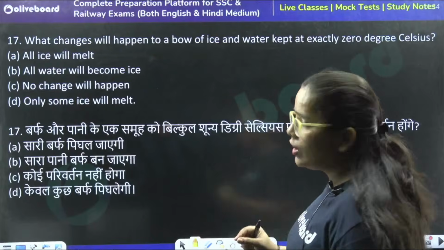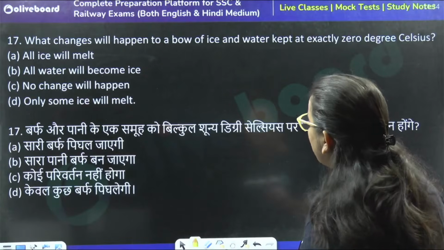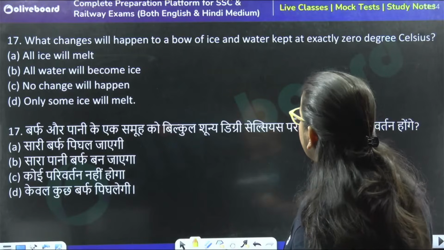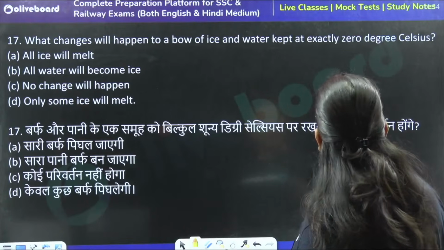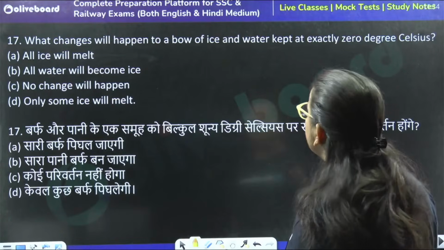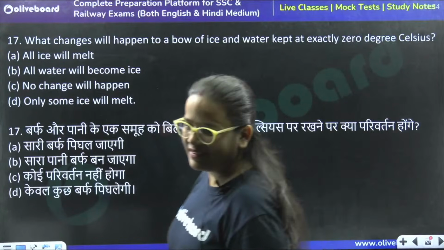Next, what changes will happen to a bowl of ice and water kept at exactly 0 degrees Celsius? Answers please.